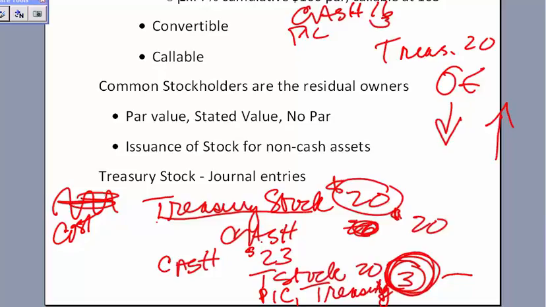And at this point, now you've got $19 debit, $20 credit. To make this balance, you actually take that one other dollar out of retained earnings. So if you sell at a price below your original cost, this is at $16, then you take any money out of PIK, and if you don't have enough money, it comes out of retained earnings.